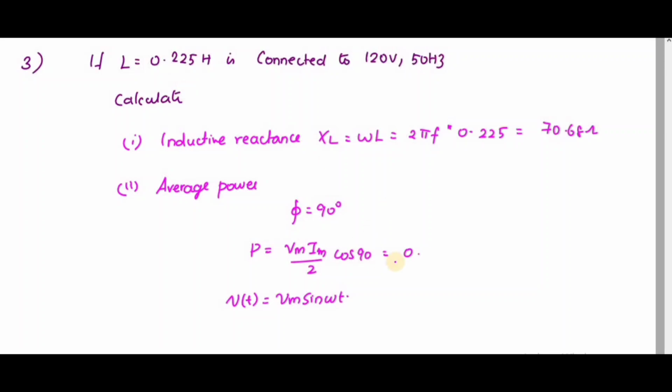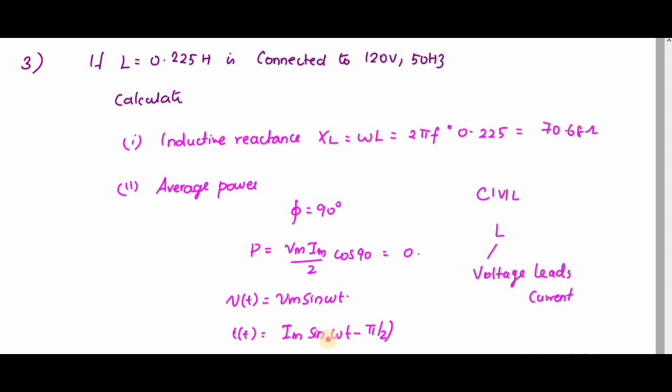If we take CIVIL for inductance, voltage leads the current. That means current lags the voltage by 90 degrees. So if v(t) is Vm sin omega t, I can write i(t) as Im sin(omega t minus pi by 2). The current is lagging by pi by 2.